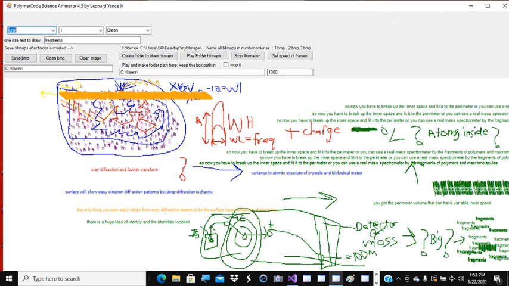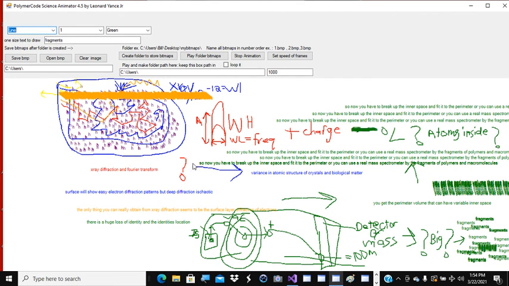But they can identify the perimeter, but that information has some purpose, but it doesn't give you all of the inner workings. So if you want the inner workings, you got to use this kind of mass spectrometer here.